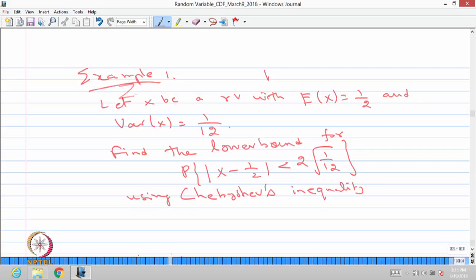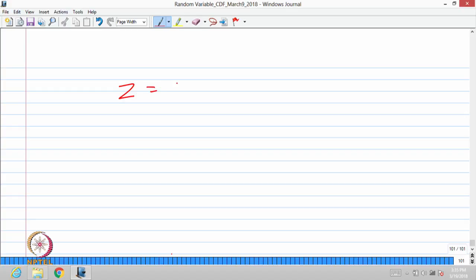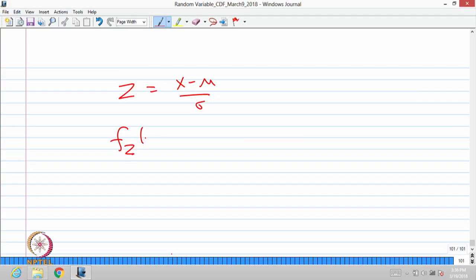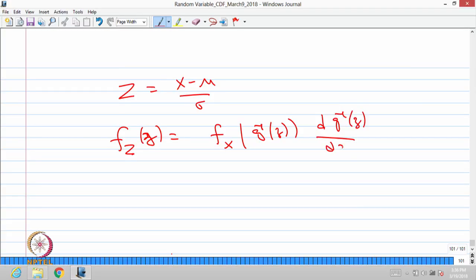One can get a standard normal distribution by making a transformation of X to another random variable Z, with the substitution Z equal to X minus mu divided by sigma. By using the function of a random variable technique, you can get the probability density function of Z as a function of z, using g inverse of z and then the derivative of g inverse of z with respect to z.